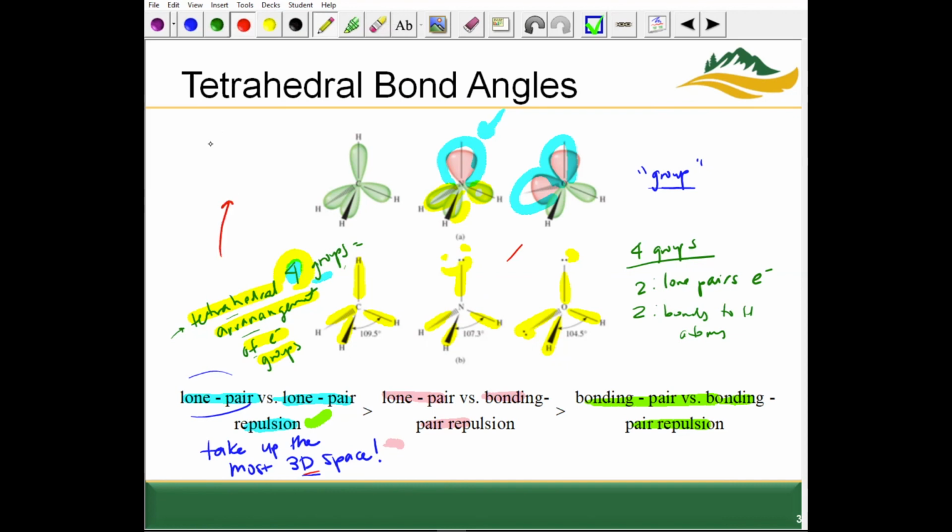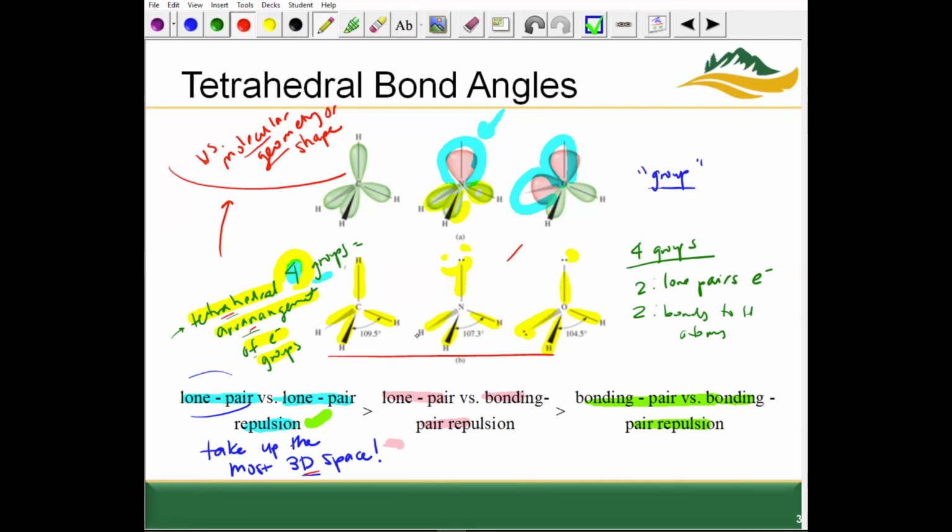This is different, though, we know, from talking about the actual molecular geometry or the shape. When we start to now talk about the actual molecular geometry or the shape, these are different. Just talking about the arrangement of electron groups, these are all tetrahedral, they're all the same.